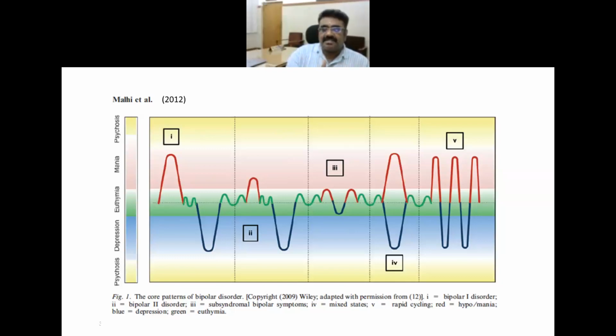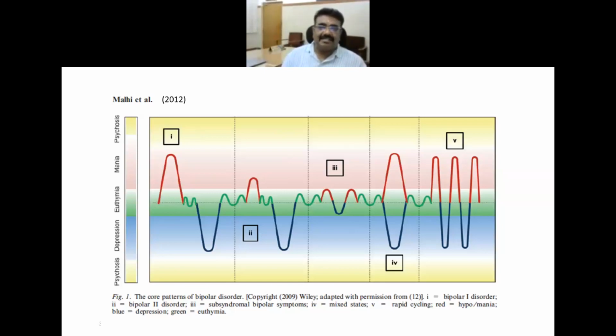We also need to remember that in patients with bipolar disorder, especially in Asian countries and in the Indian context, while we know that there is a predominance of manic episodes, the amount of time spent in depression tends to be much more. For example, let's say a patient has had 4 manic episodes, each lasting 1 month, and 1 bipolar depression episode lasting about 9 months.